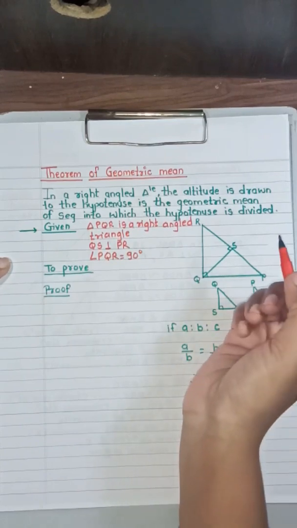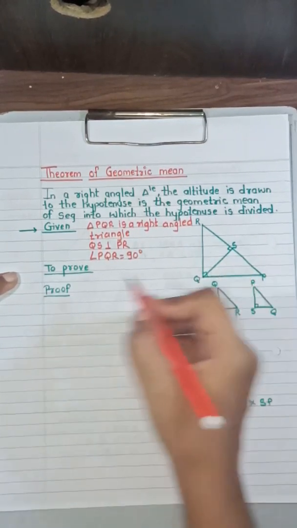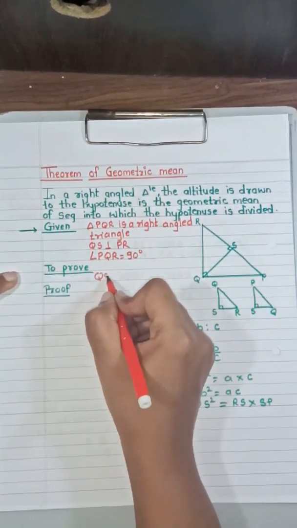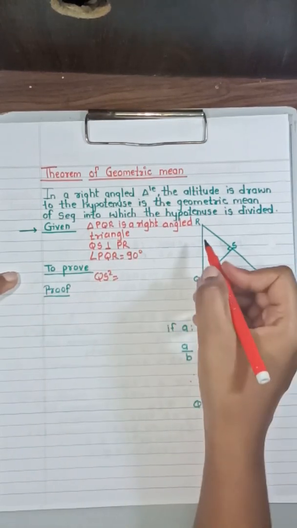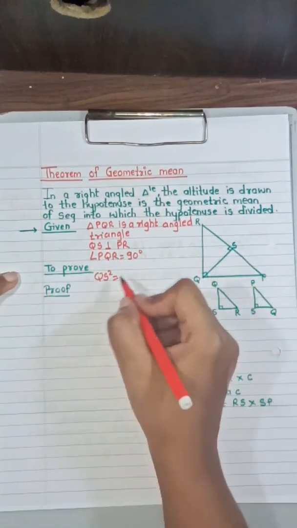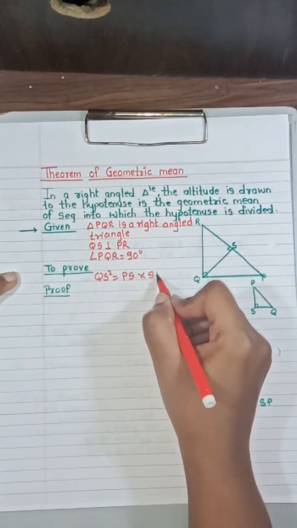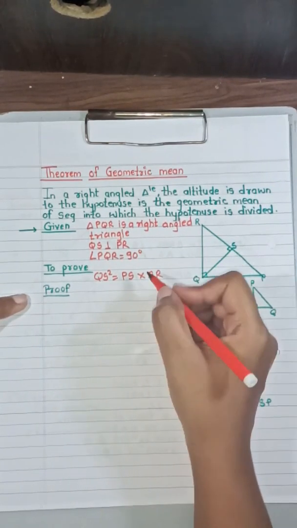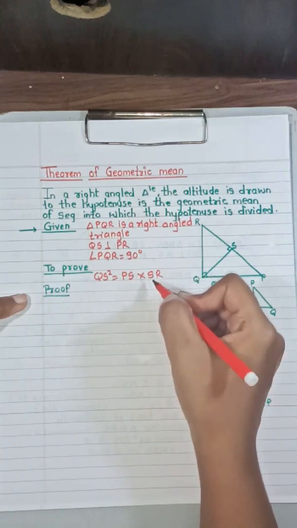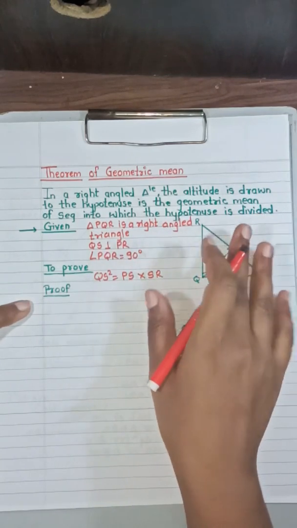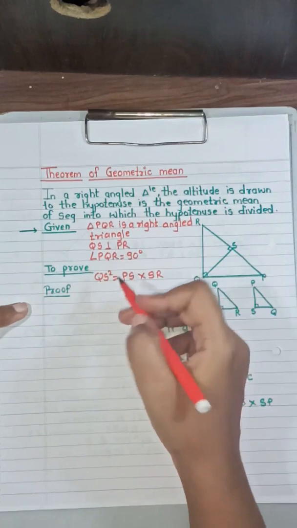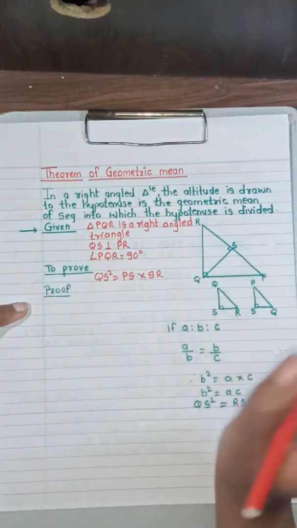Now what you have to prove is QS square is equal to PS into SR. If you write SP or PS, SR or RS, it is one and the same thing. So you have to prove that QS square is equal to PS into SR.